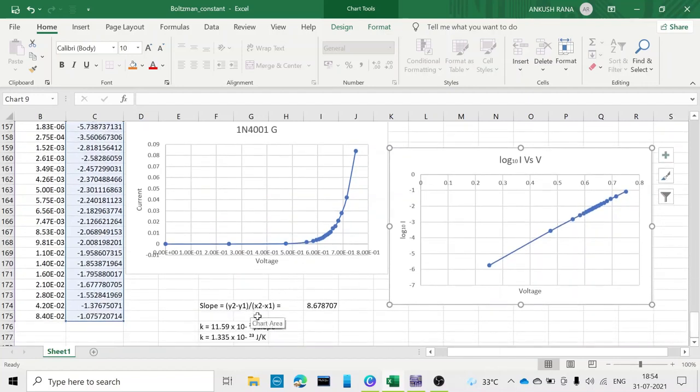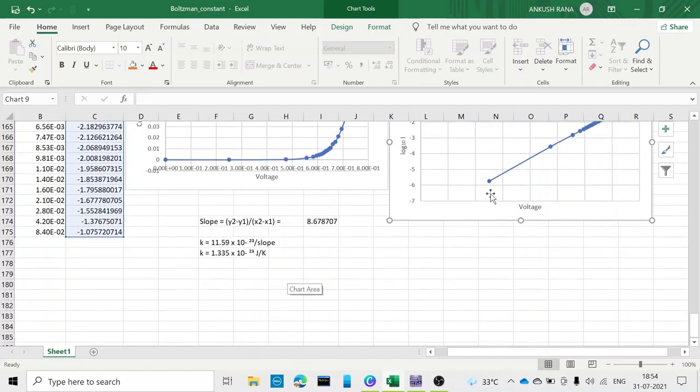You know the formula of slope, which is y2 minus y1 upon x2 minus x1, and if you apply it to any two points of this graph, you will get the slope. K, the Boltzmann constant, is equal to 11.59 into 10 to the power minus 23 divided by the slope.